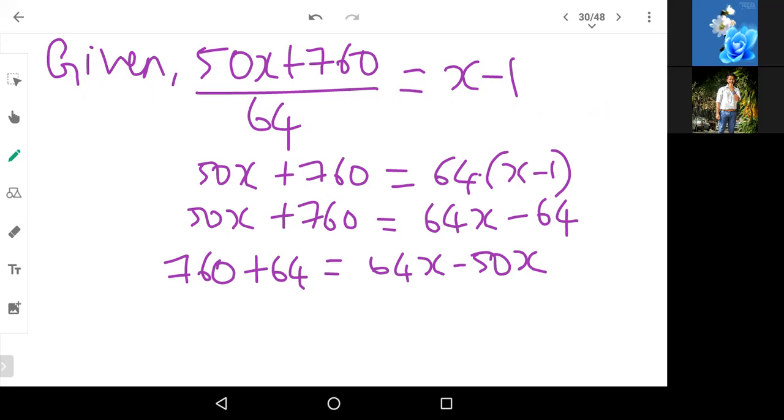So 760 plus 64, how much do you get? 824. 824 is equal to 64 minus 50, which will give me 14x.